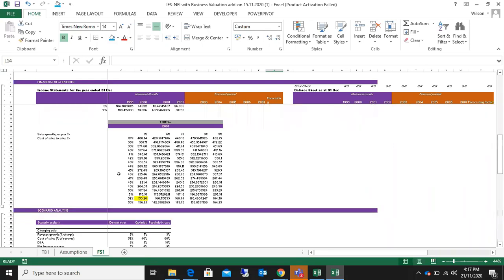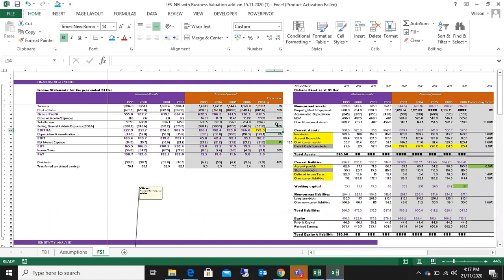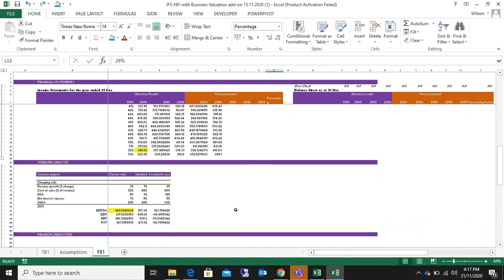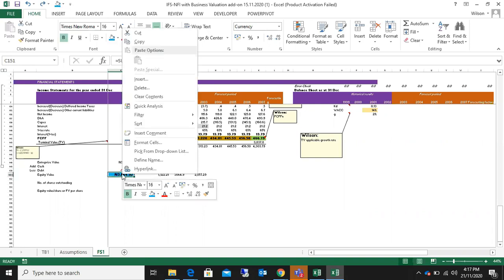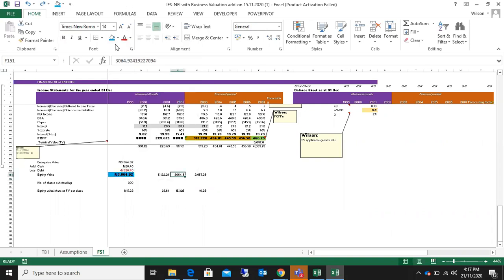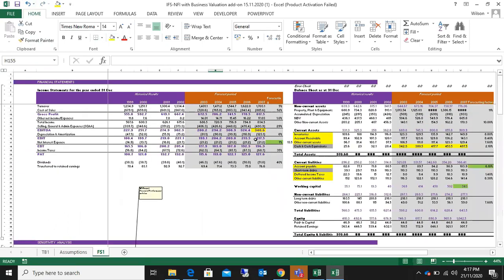Okay, so let's see. We had this before at 29%. So when we had it at 29%, the value is this, isn't it? It's already here. Just want to keep track of that. So let's play with something.